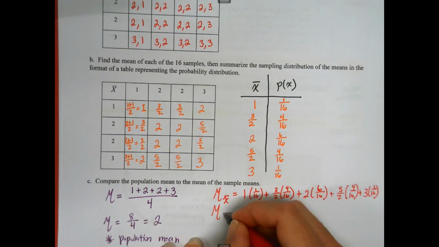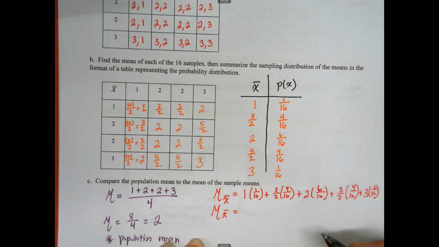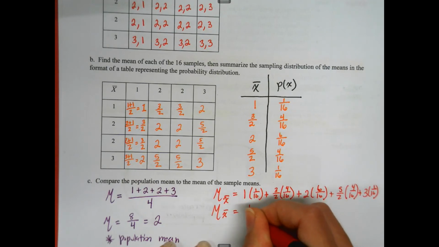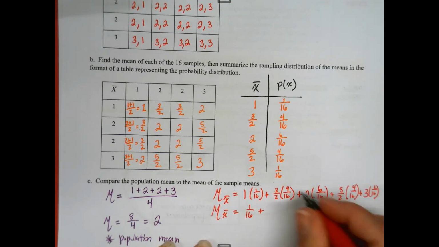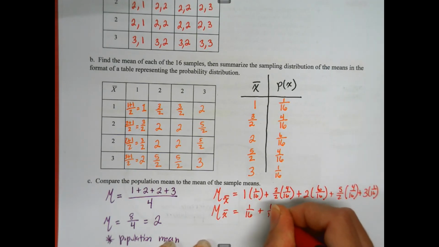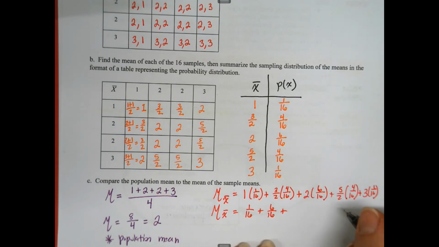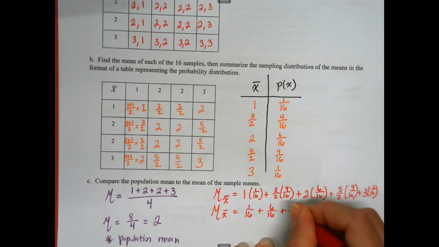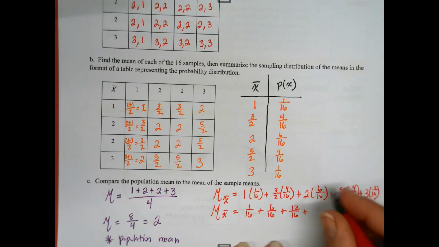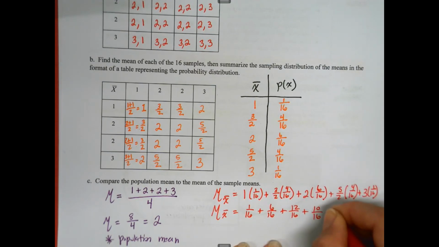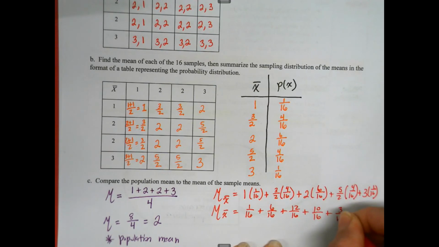The mean of all of our sample means is going to be 1/16 plus 6/16 plus 12/16 plus 10/16 plus 3/16.